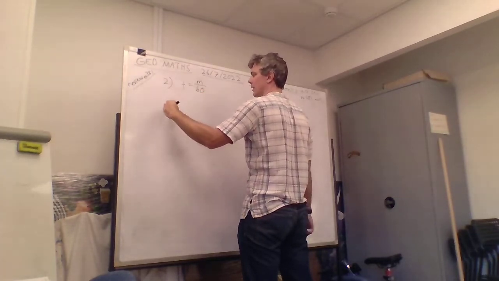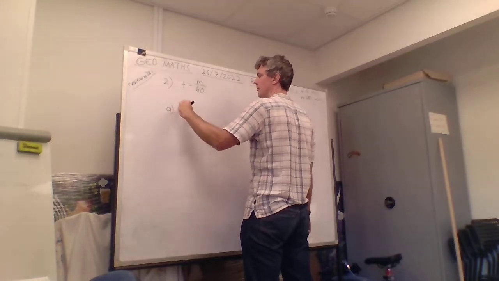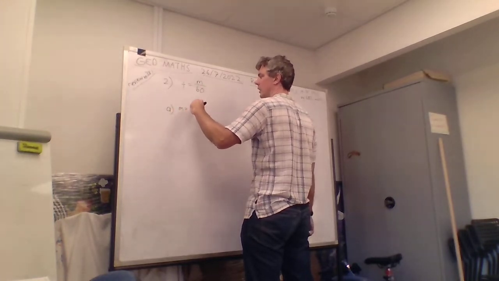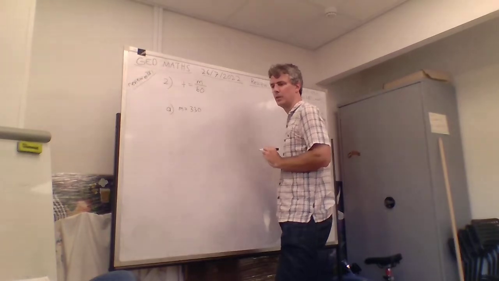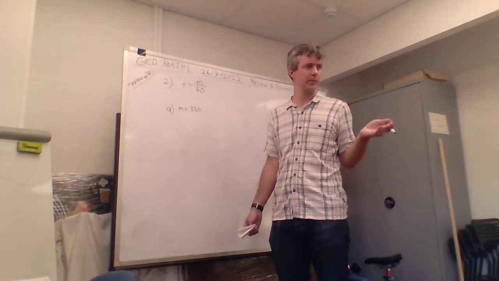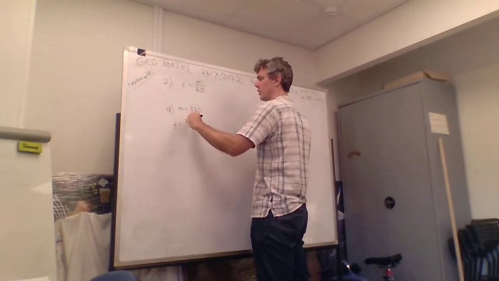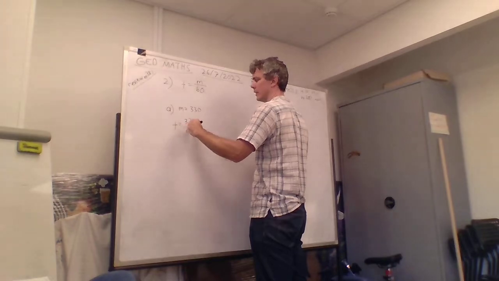So here A, for the problem section A, m equals 330, right? So we basically just need to solve for t. Right, we need the time. We have m, so t is 330 over 60.